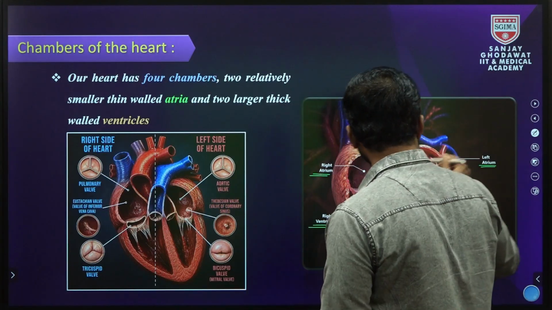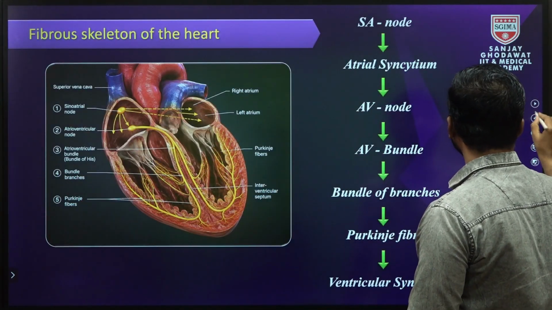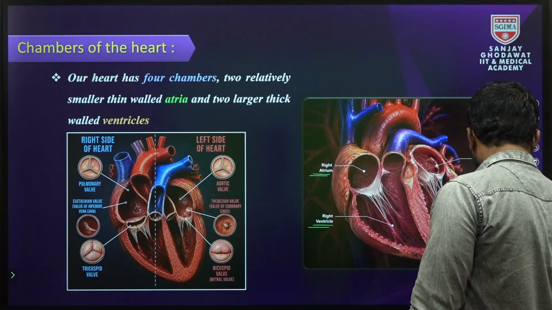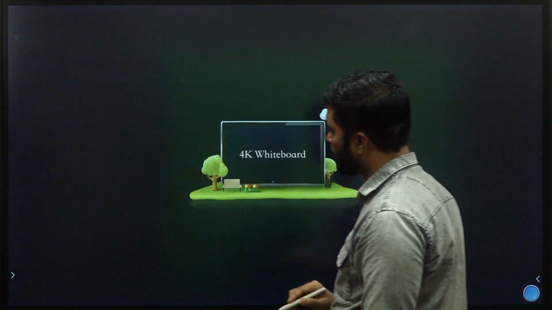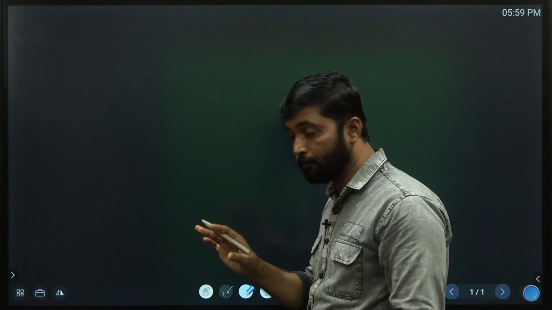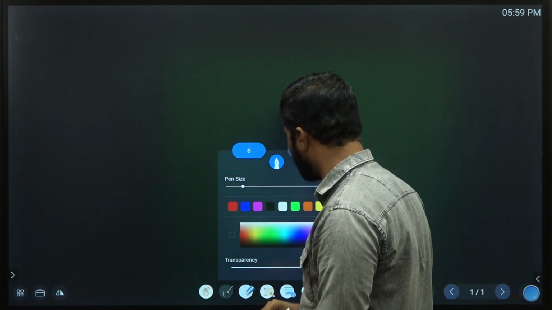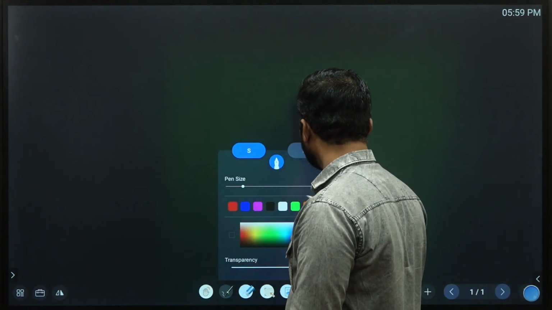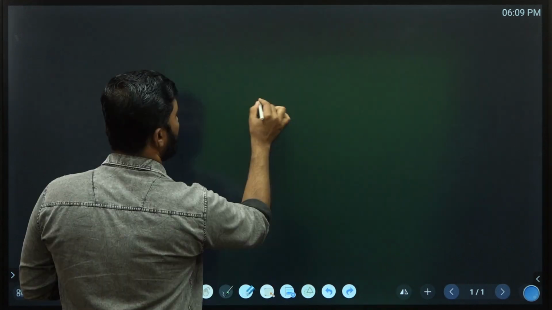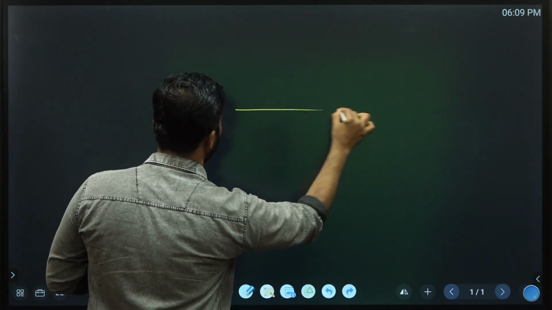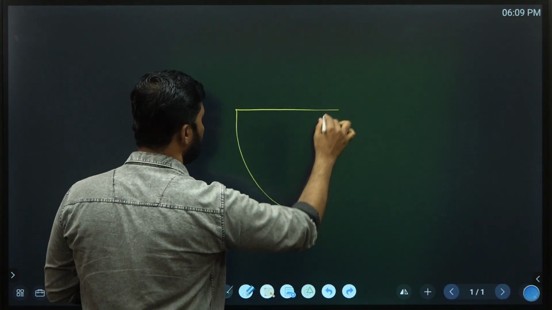For the detail, like a diagram of the heart, I am taking a separate slide for the structure of the heart. On a clear board, this is the human heart structure.